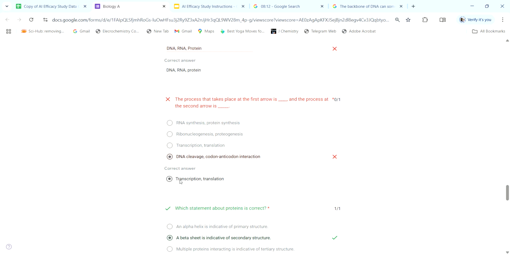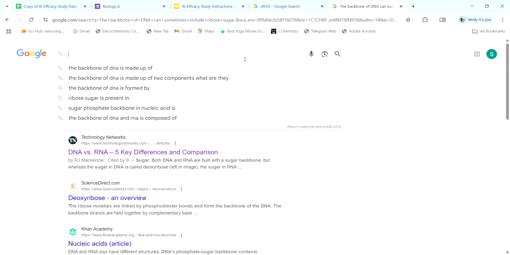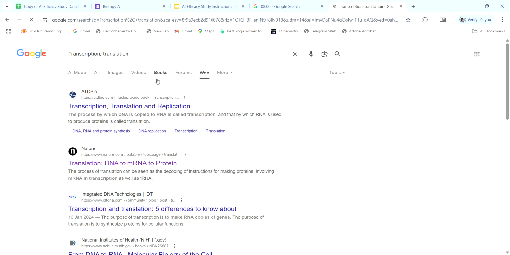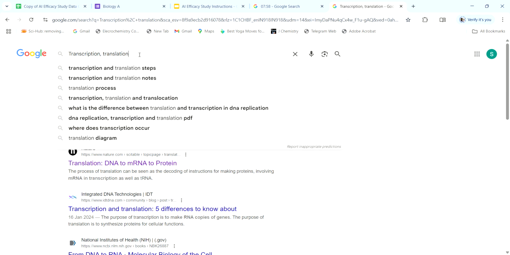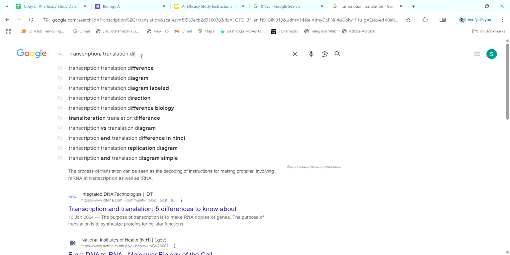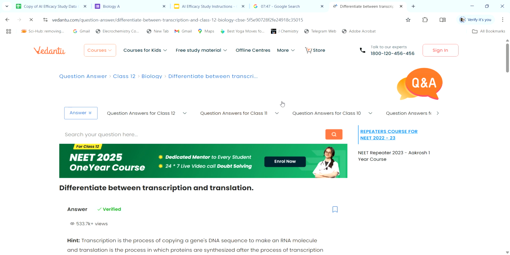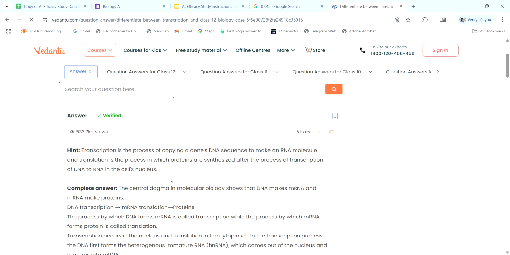So what is the difference between transcription and translation? Differentiate between transcription and translation.